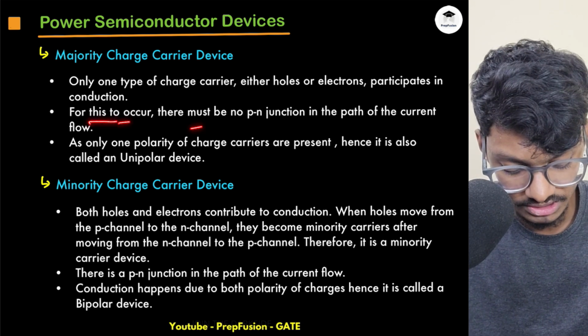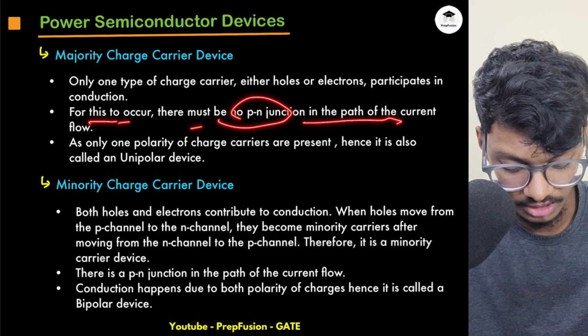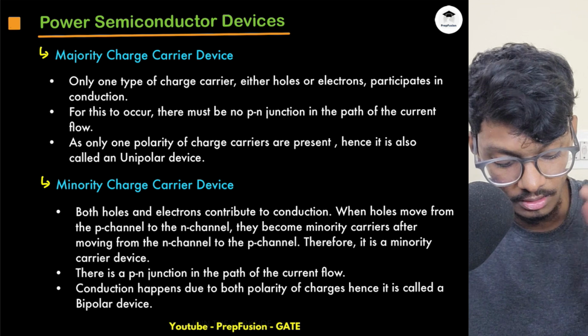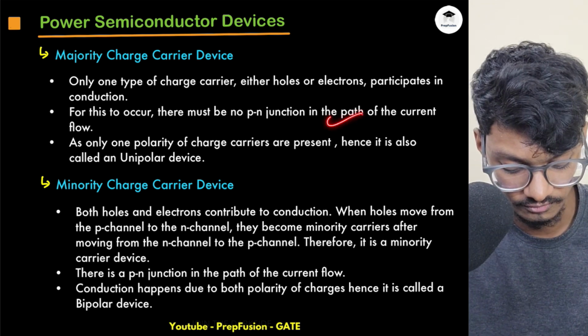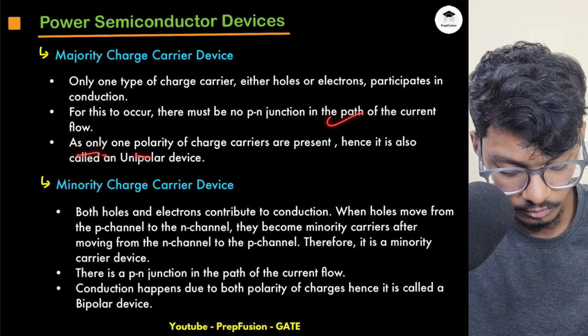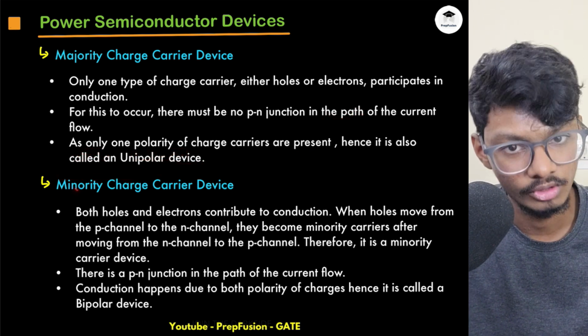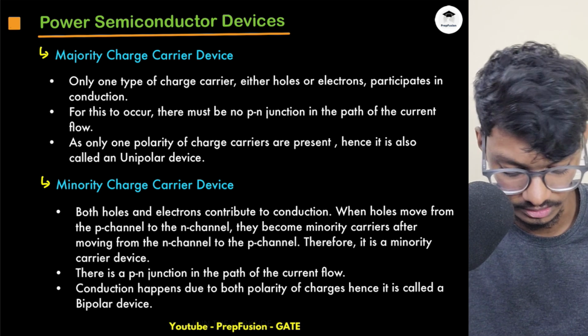For this to occur, there must be no PN junction in the path of the current flow. Hence it is also called a unipolar device, as I have mentioned previously as well.